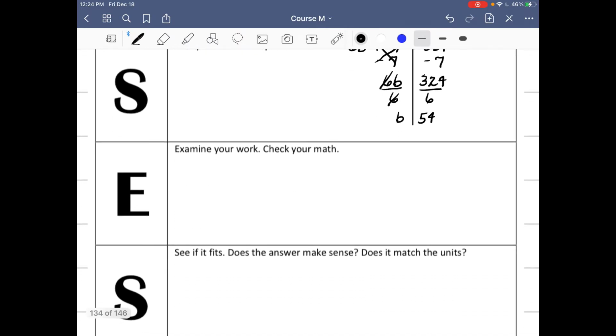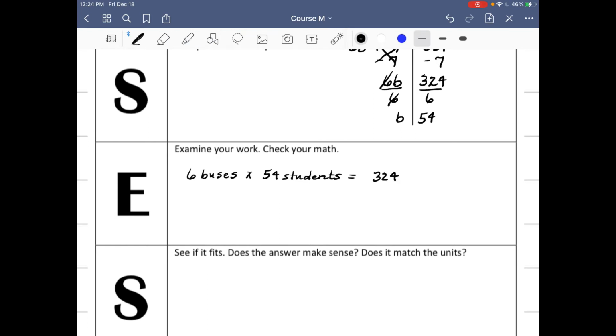So let's check our work. Let's actually plug it back in there and see. If I do 6 buses times 54 kids, or students, let me stick with the word students because that's what it says. 54 students. So do 6 times 54, and you can use your calculator, that's fine.